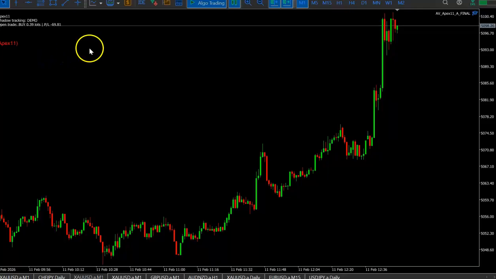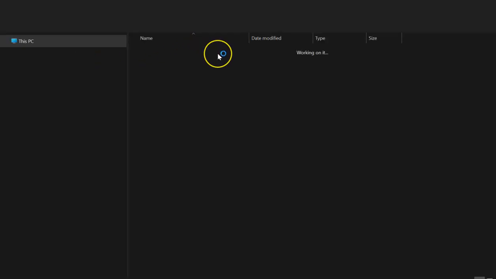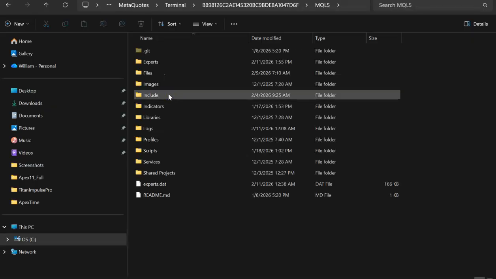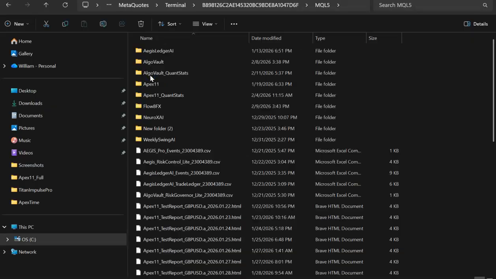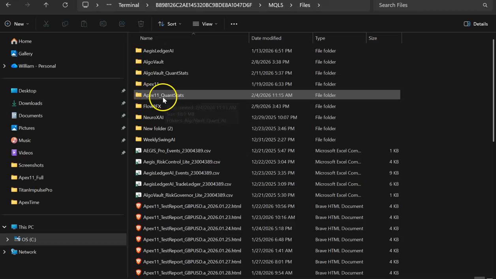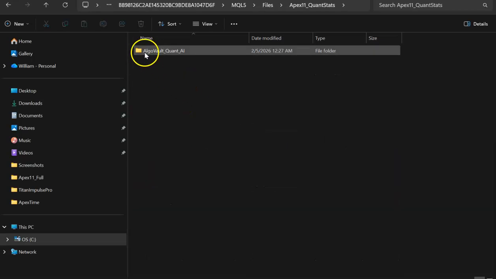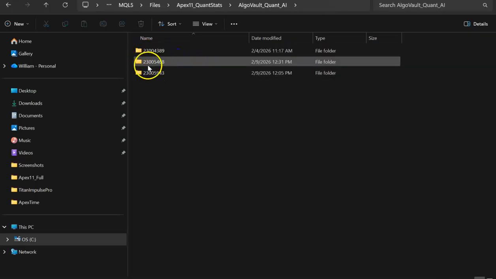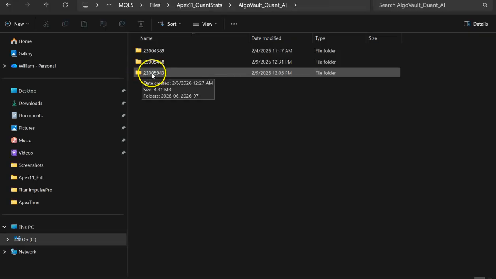So we go to open data folder. MQL5, files. We go to Apex11 Quant stats. We then go to AlgoVault Quant AI. Then you select the account number that you're using for the tracking.